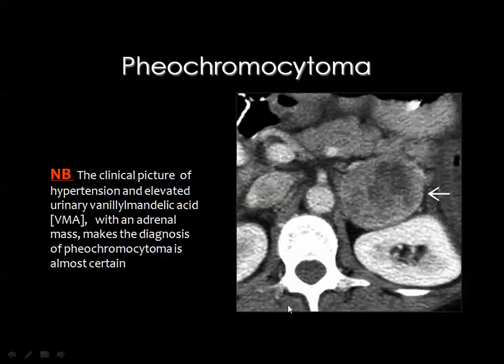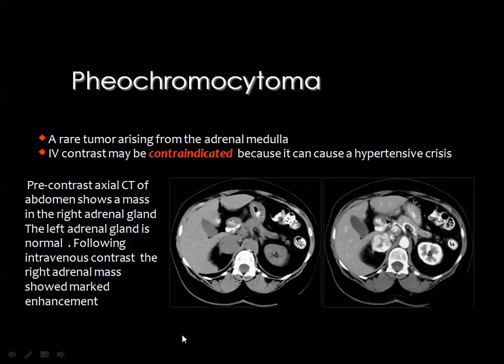And this is a pheochromocytoma, a mass in the region of the left suprarenal gland. And the clinical picture of hypertension and elevated urinary vanillyl mandelic acid with an adrenal mass makes the diagnosis of pheochromocytoma almost certain. Then the pheochromocytoma is a rare tumor, is not common.